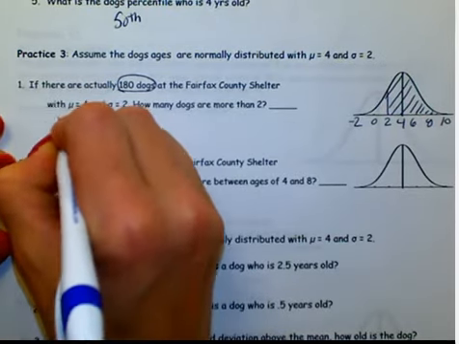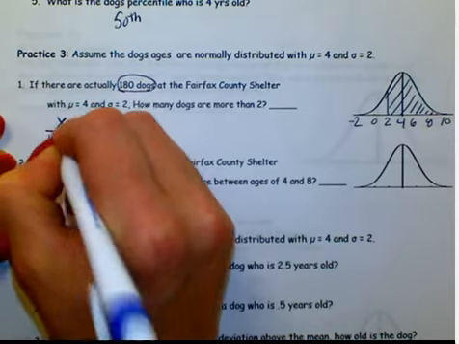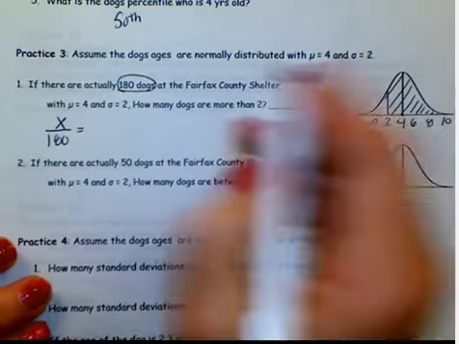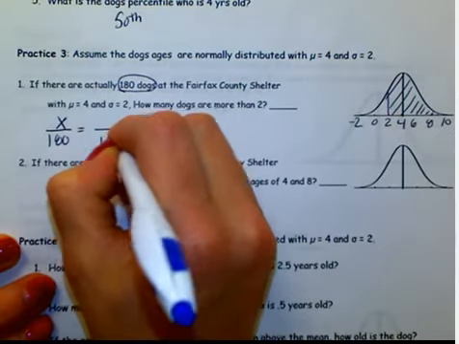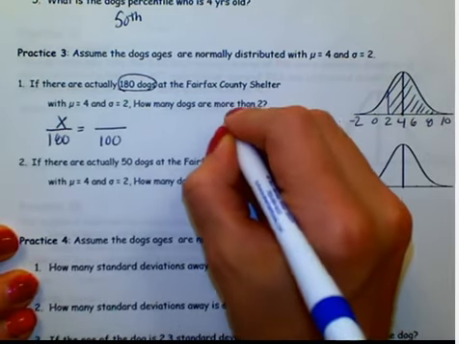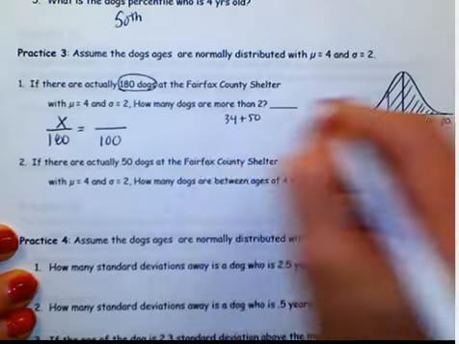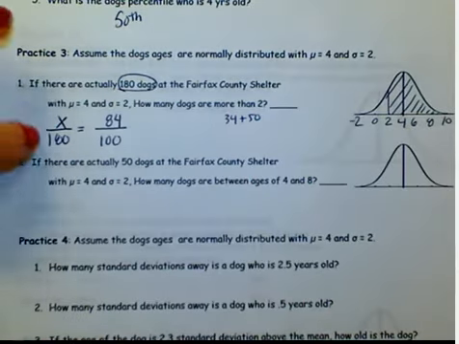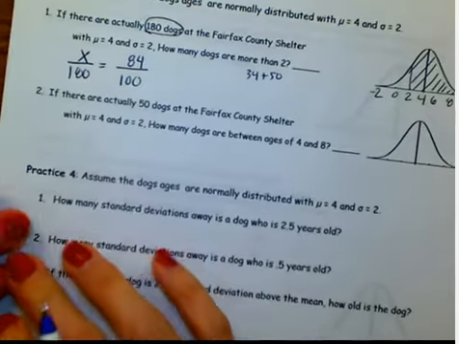So I have how many dogs out of 180 equals what percent? Okay, what percent? Oh, okay, so I've got to add this up. We've got 34 and the other side is 50, so that's 84. So go ahead and find x.